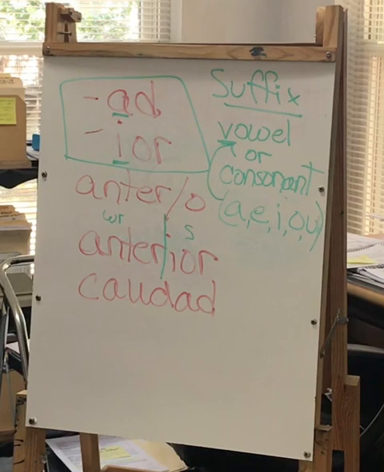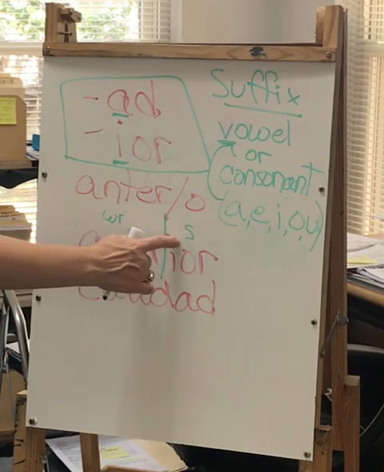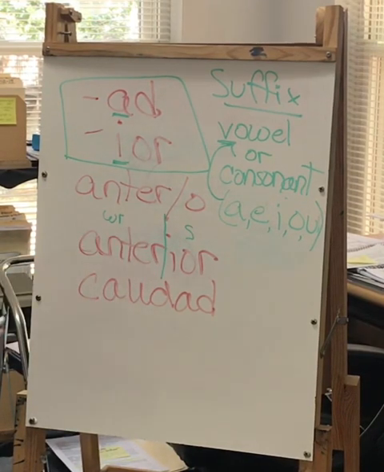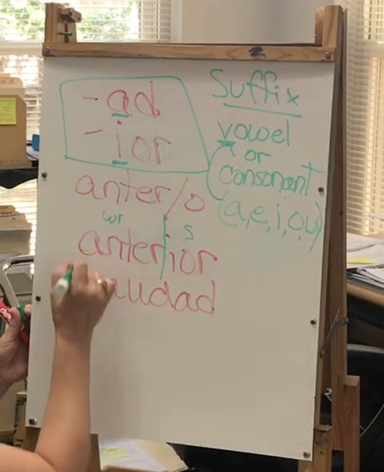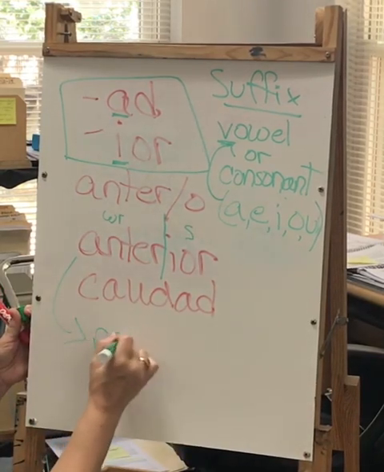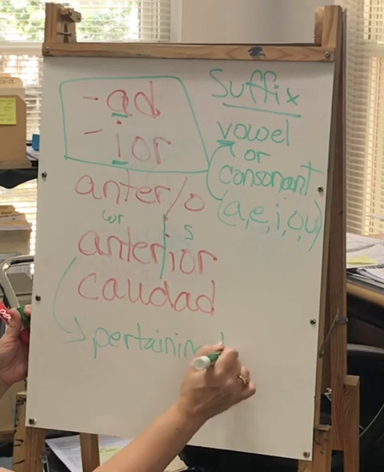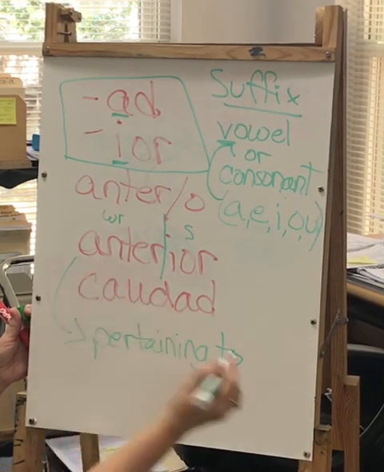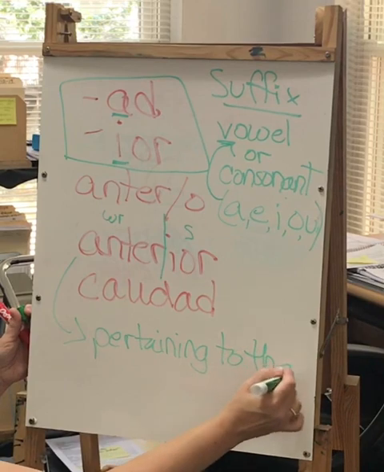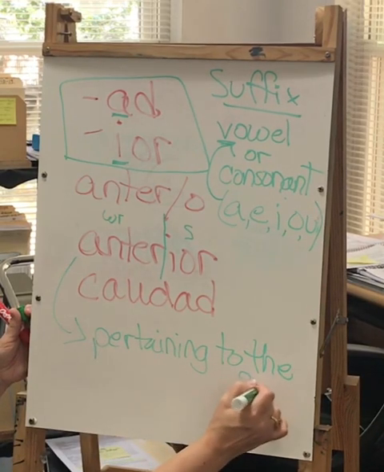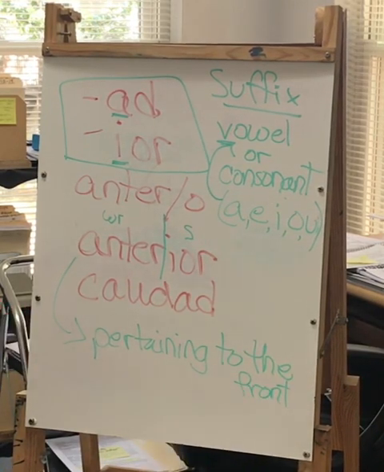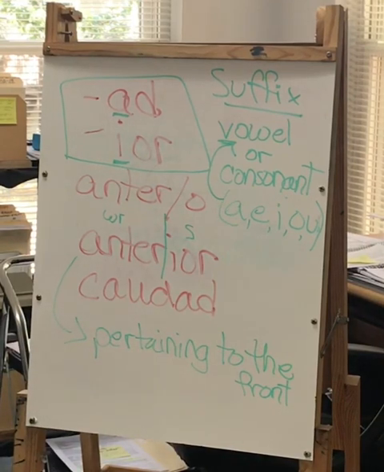And when you write your definition, you always start with the suffix. So your definition would be, I'm going to write it down here, pertaining to, because IOR means pertaining to, the front, because anter means front. Pertaining to the front.